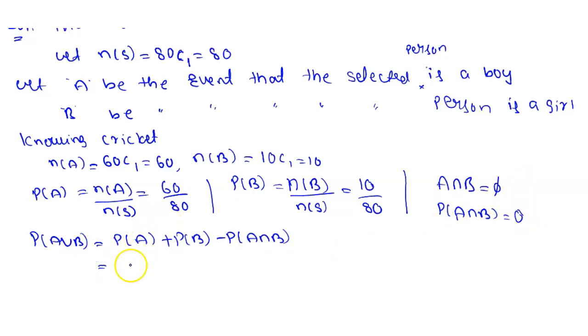This is equal to P of A value is how much? 60 by 80, plus P of B is how much? 10 by 80. So minus 0, right? 60 plus 10, 70 by 80, that is equal to 7 by 8. This is the answer.